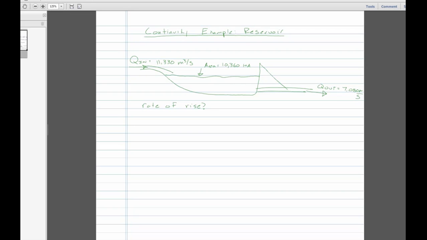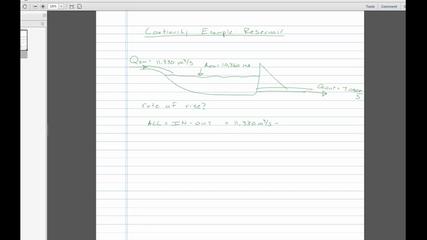As a general rule, in the continuity equation the accumulation is in minus out, and in this case we have a flow rate in of 11,330 cubic meters per second.